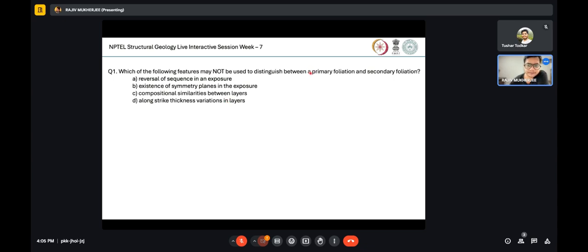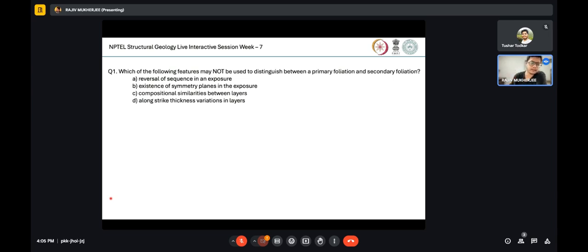So this question primarily tells us about the procedure of identifying whether a planar feature we are observing is a secondary foliation or a primary foliation.